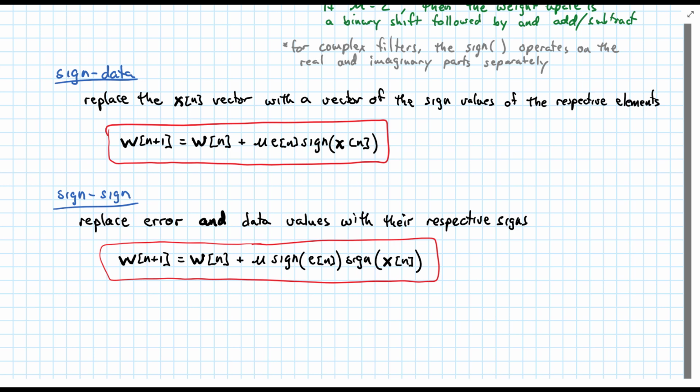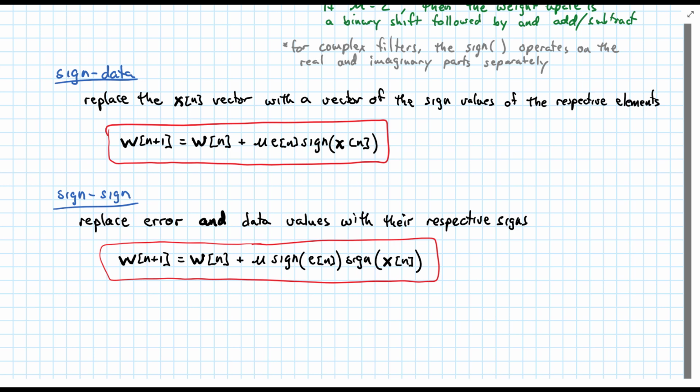First, as you might expect, the sign algorithm isn't going to work as well as we might expect. The beauty of the sign algorithm is the weight update is simply an addition or subtraction of mu to the weight.